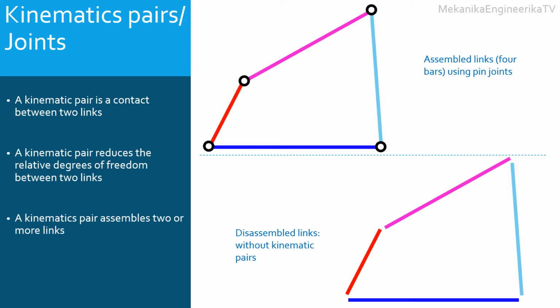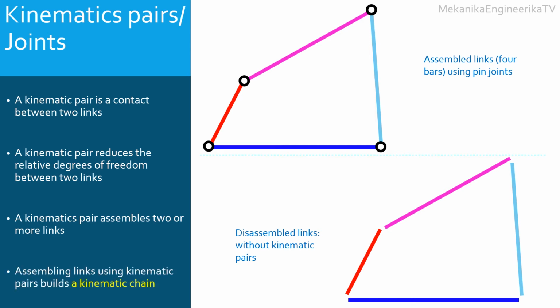In the example on the top, the bars are assembled together due to pin joints. In the example on the bottom, there are no kinematic pairs used. Thus, the bars are dismantled or disassembled. Each bar can then translate or rotate independently of each other.